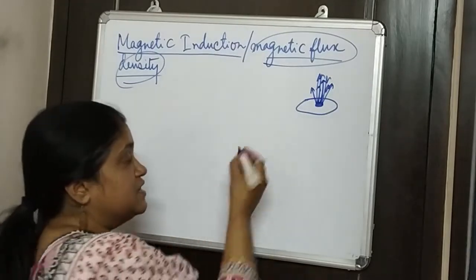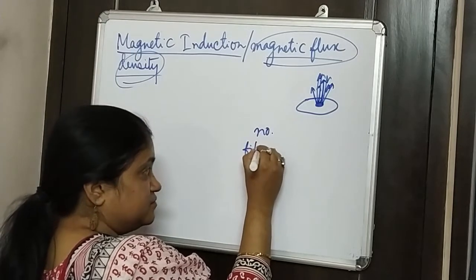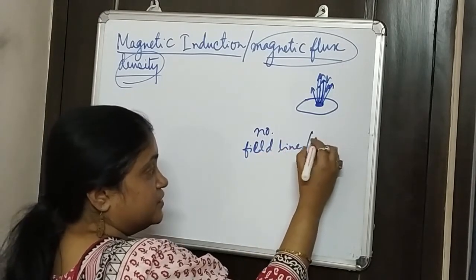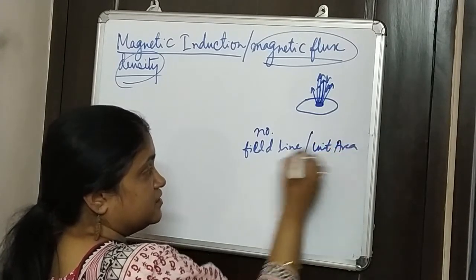It means the number of magnetic field lines per unit area.